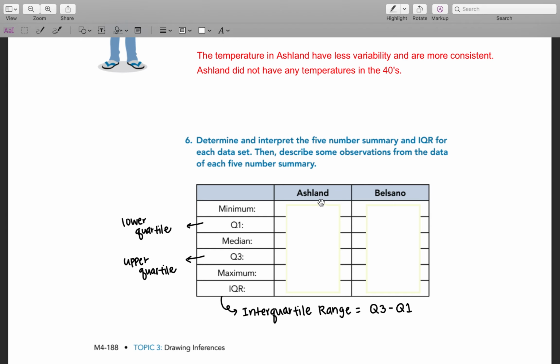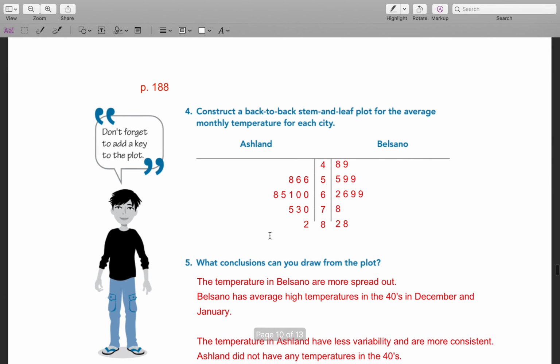So for Ashland, the minimum, which is the smallest number from the data set, would be 56, okay? And the median, let's go back to our plot right here. The median is the middle number from the data. Notice it didn't have any numbers in the 40s, so let's count from here. 56, that's 1, 2, 3, 4, 5, 6.